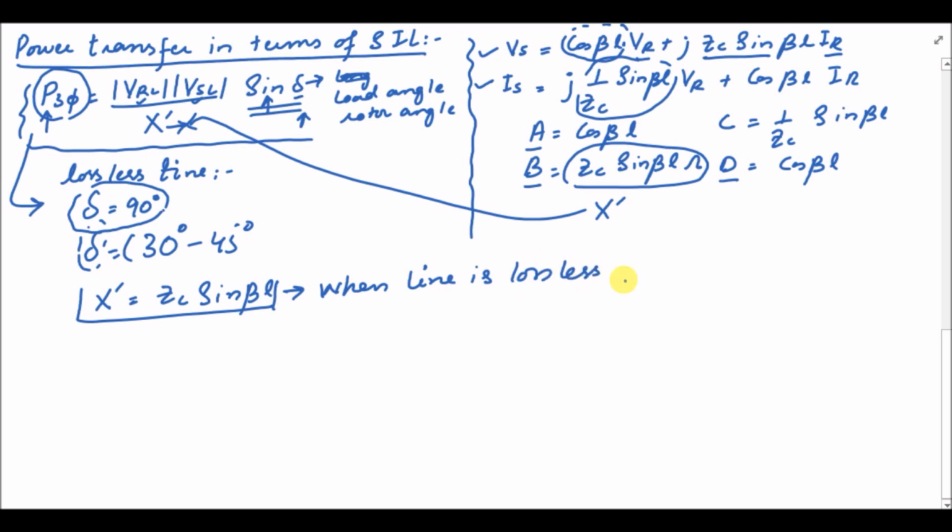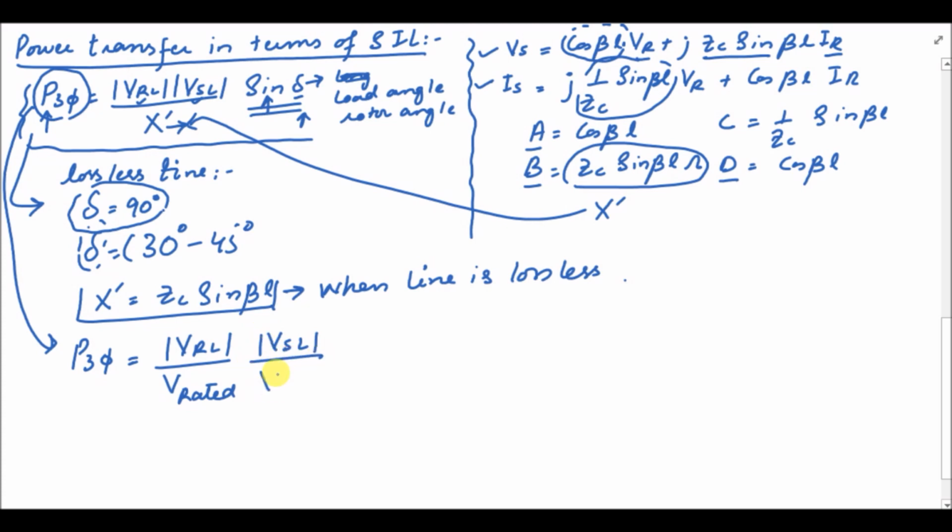So I'm writing this formula again here. With some modification, this three-phase power formula will become VRL divided by V rated, in order to convert this receiving end voltage into per unit value, times VSL divided by V rated, sine delta over ZC sine beta L. So this is the X dash value.